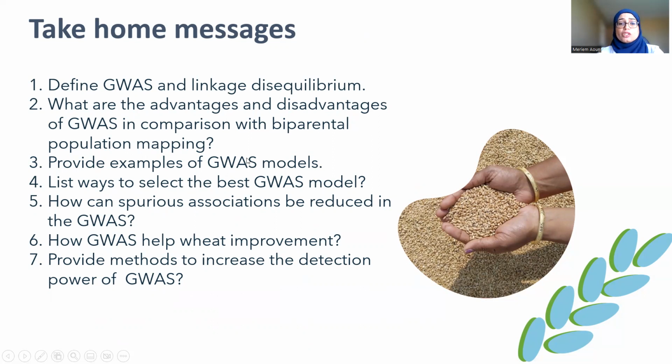What are the different GWAS models that we can use, both single-locus models and multi-locus models? Ways to select the best GWAS model, and how can we reduce false positives in the GWAS? Some examples of the application of GWAS in wheat improvement, and what are the methods that were described in this class to increase the detection power of the GWAS.